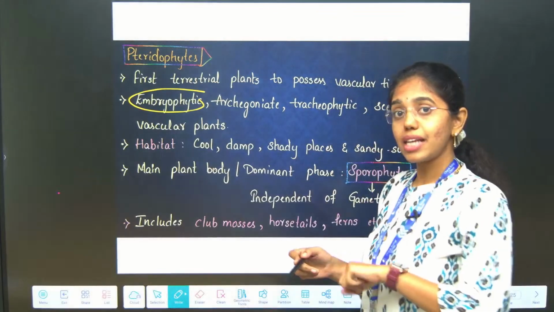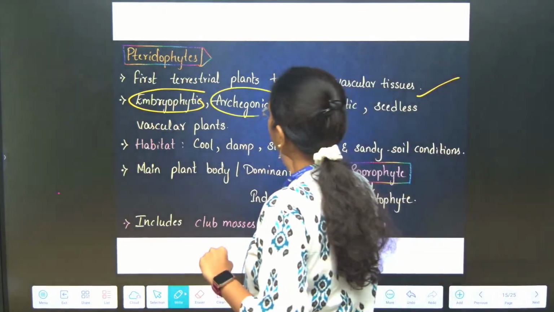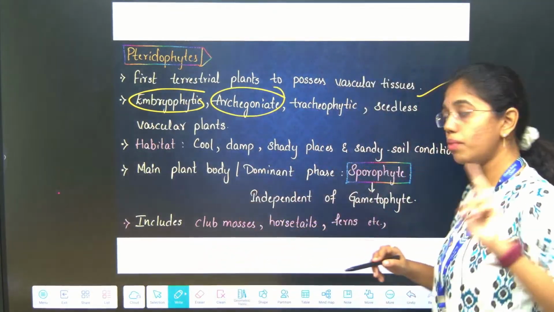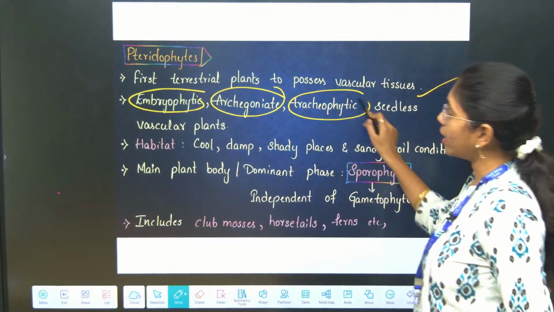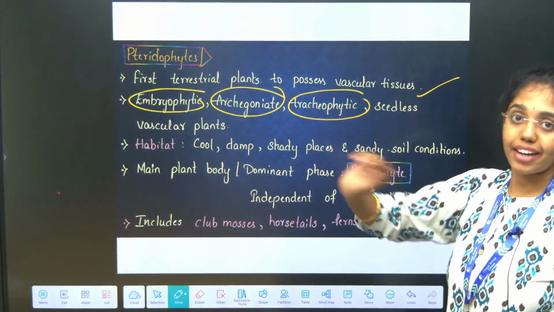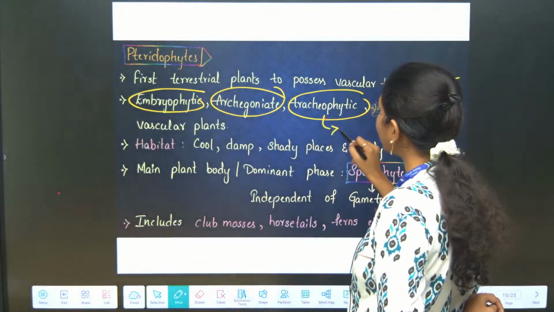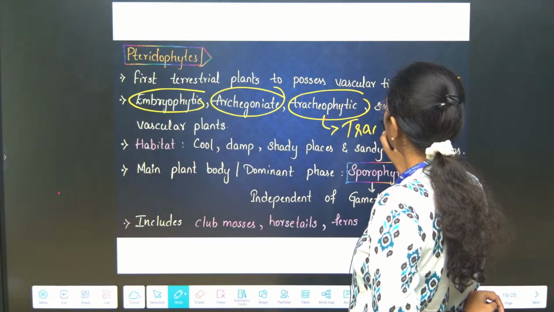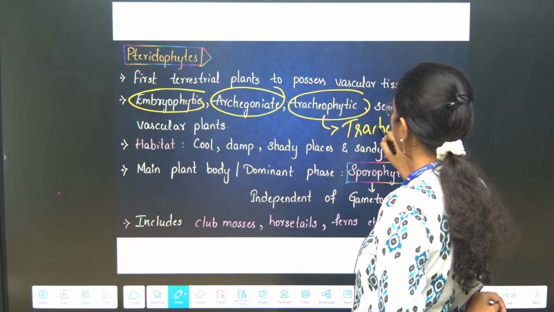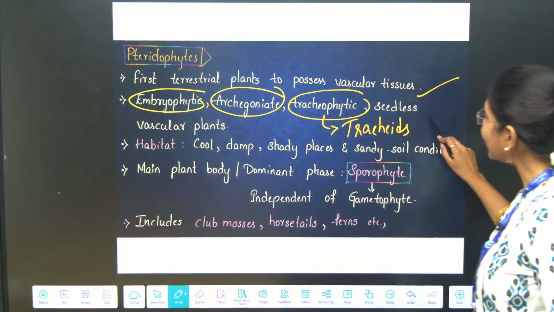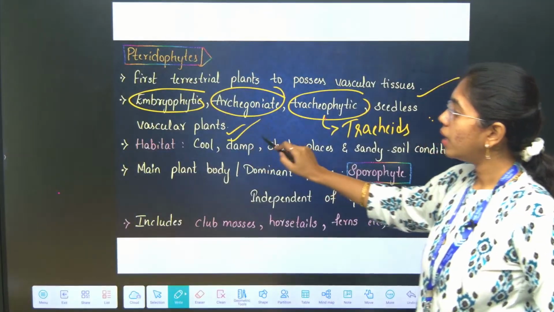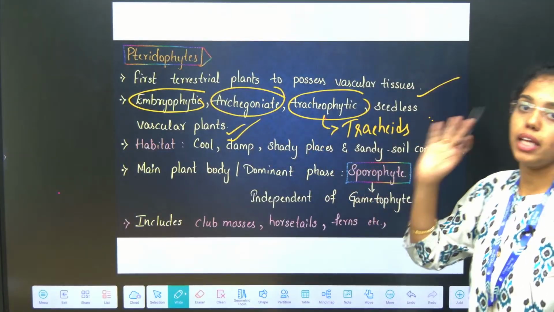The first embryophytes are bryophytes, and these are archegoniate. The first archegoniate, again bryophytes. Tracheophytic: bryophytes are atracheophytic, pteridophytes are tracheophytic because they contain tracheids as their conducting elements. And they are seedless vascular plants. Remember the description clearly.